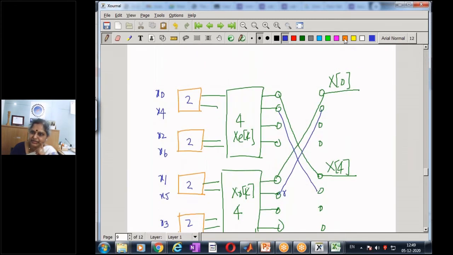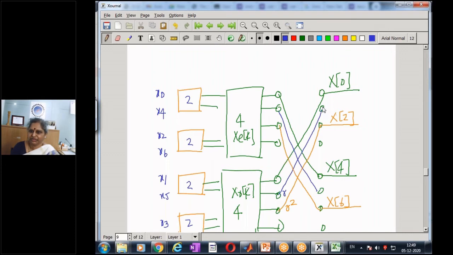The next, how do I get the next one? I take the third one from here, the third and the third, and this is going to have k equal to 2. So which is nothing but gamma square. And when I compute that, I am going to get x2 and x6.